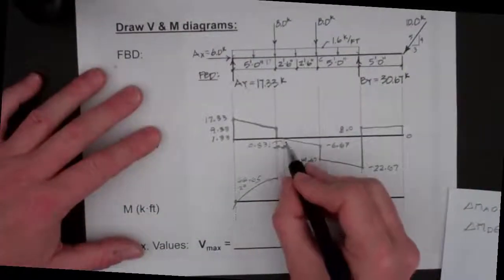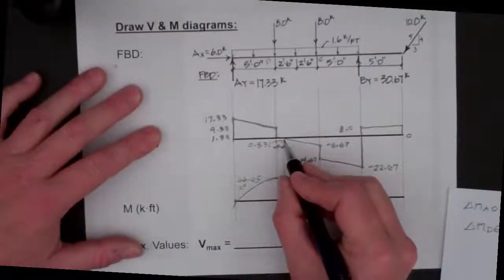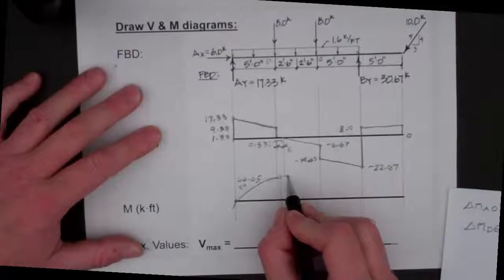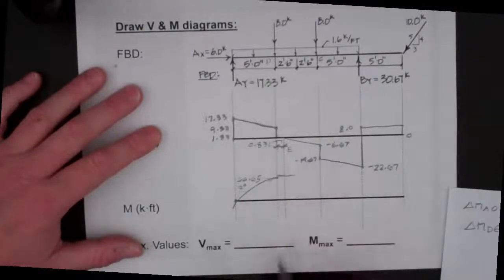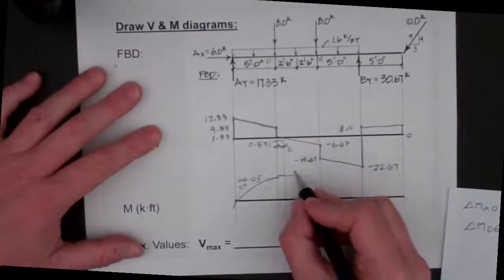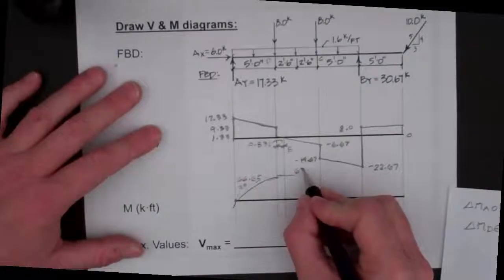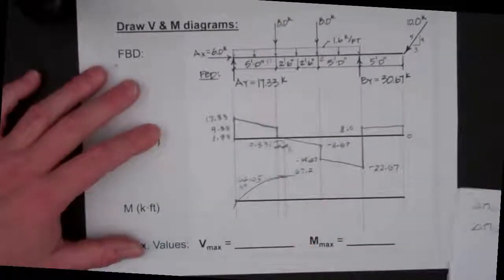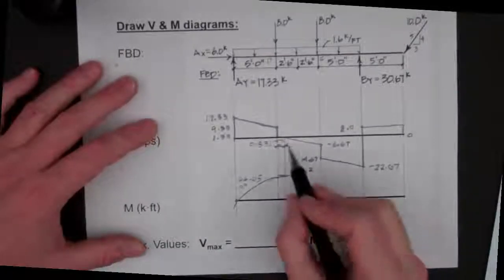We're going to note that the value of the shear is 0 at point E, which means there's no slope. So that's going to be horizontal right there. And then we can label that, and then we can show the new change in moment that we've added right there.